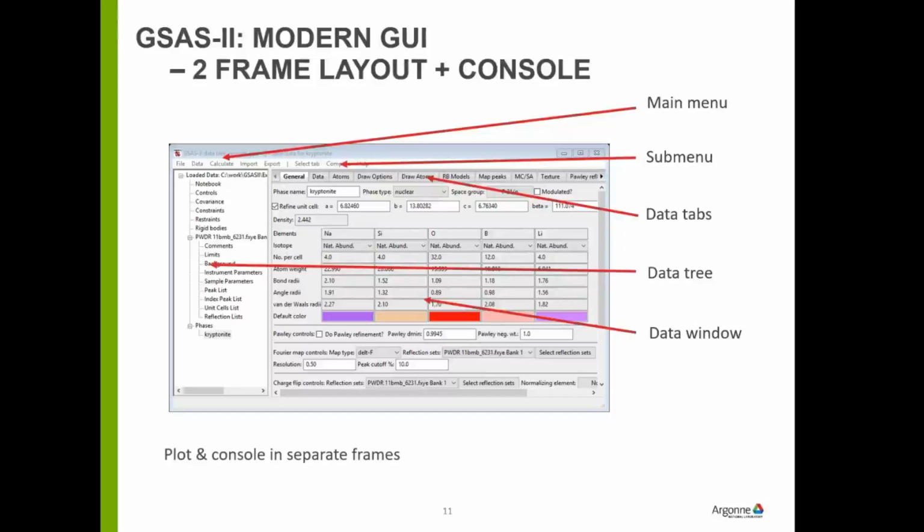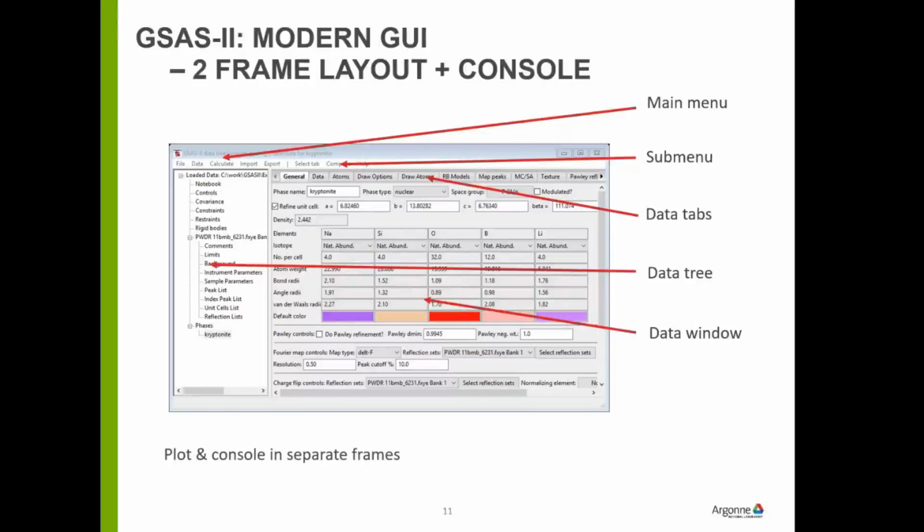And the menu will reflect the kind of things you can do to it. Now, there's two pieces to the menu. This piece doesn't change because there's sort of global stuff like compute, do a refinement, or what have you, import data, export data, and so forth.